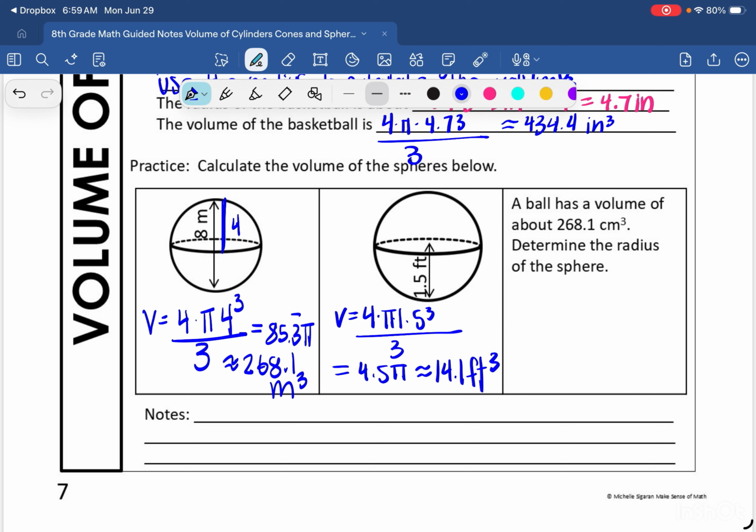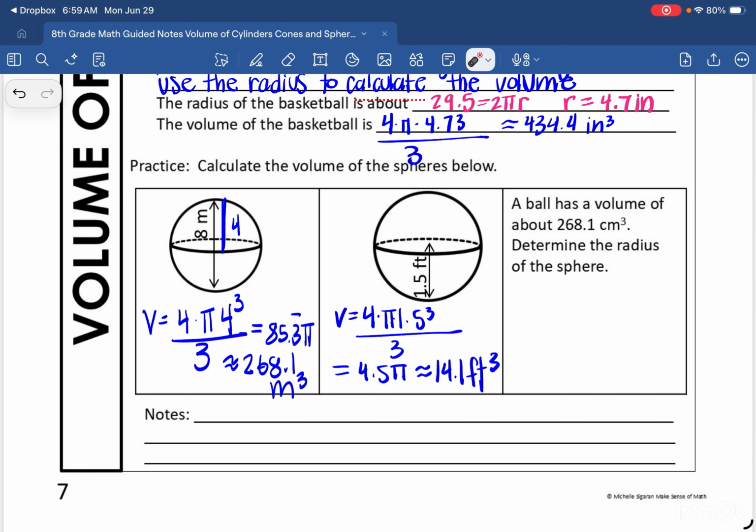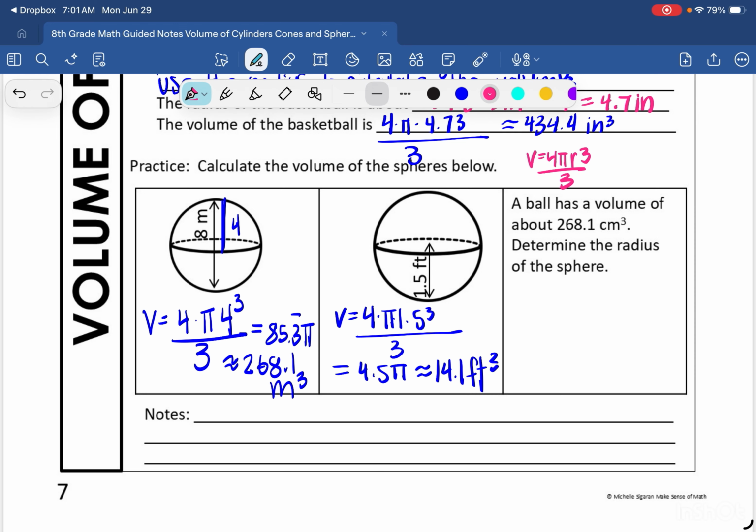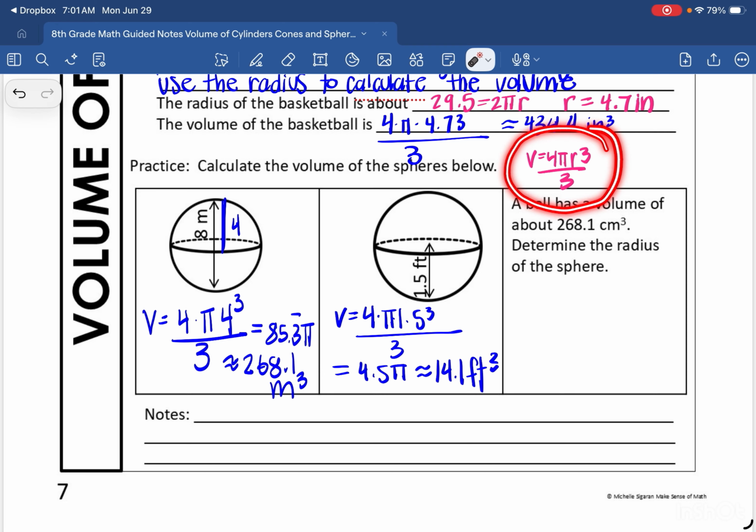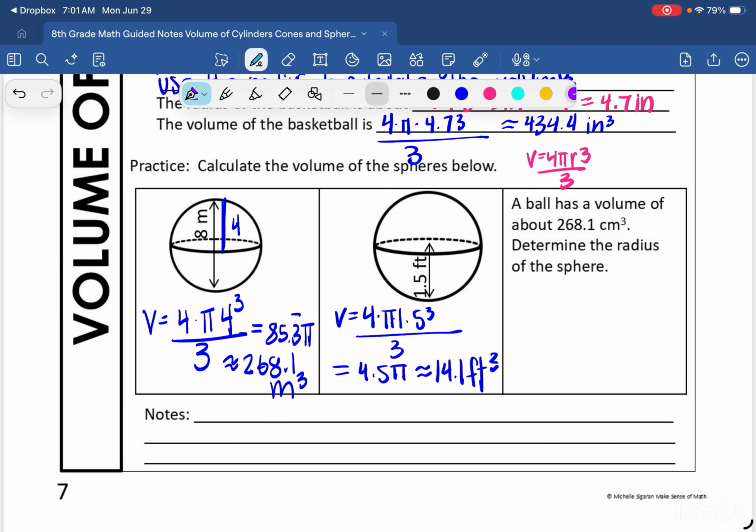A ball has a volume of 268.1 centimeters cubed. Determine the radius. Let's start by substituting in what we know. And here's my formula right here that I wrote down in case you need to refer to it. My volume is 268.1, and that equals 4 times pi times my radius cubed divided by 3.